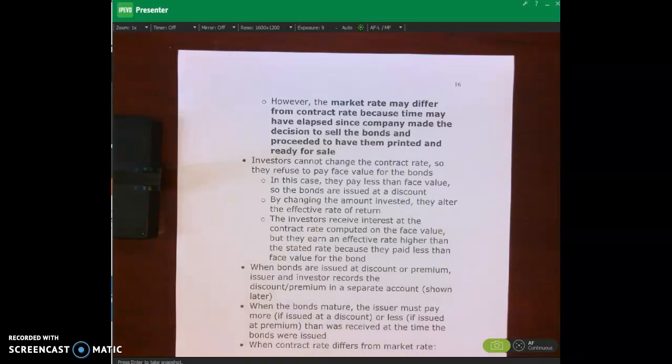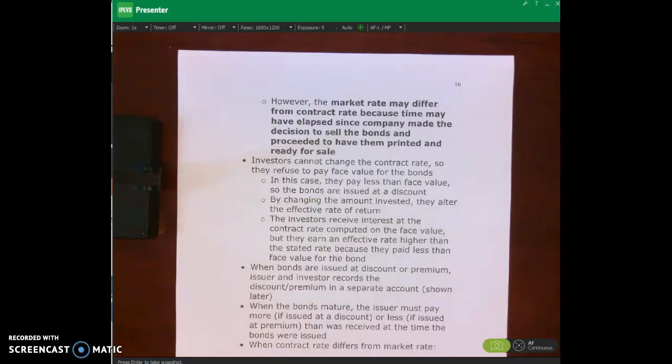On the other hand, say you specified your contract rate when you got authorization to issue the bonds, 9%. Macroeconomic conditions have changed, and other companies that are issuing bonds similar to yours only pay 8%. You pay 9%. Companies with similar risk profiles that are issuing bonds similar to yours pay 8%.